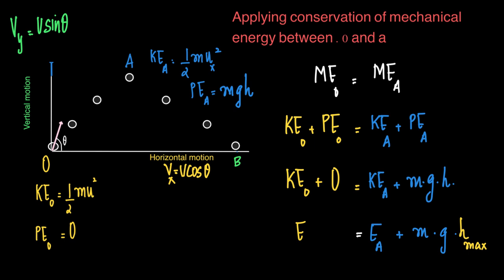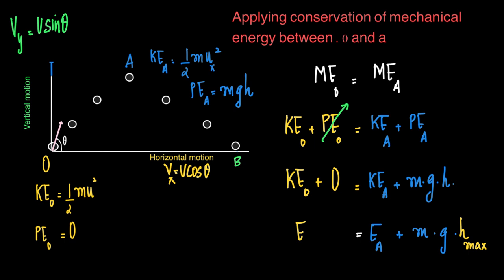So we can say that mechanical energy has to remain constant throughout. So mechanical energy at point O should be equal to mechanical energy at point A. What is mechanical energy at point O? It is kinetic energy at O plus potential energy at O. What is mechanical energy at point A? It is kinetic energy at A plus potential energy at A. And we just discussed that potential energy at O is equal to 0.